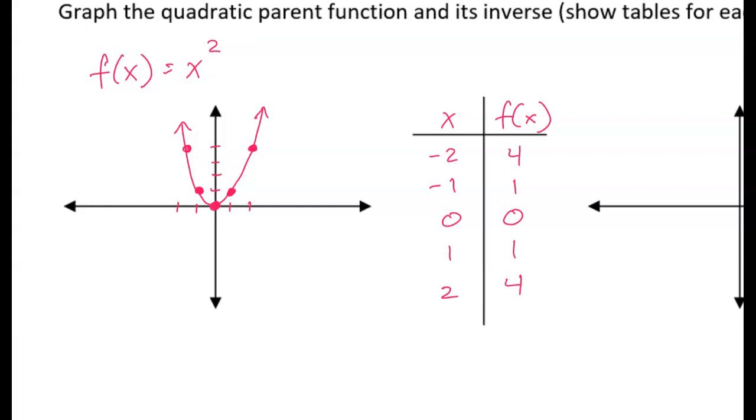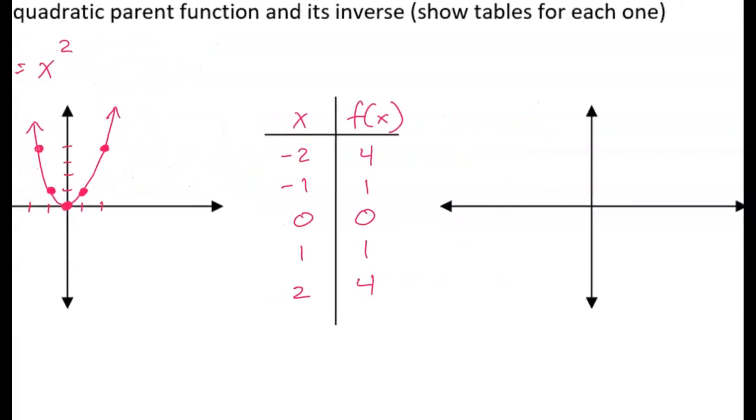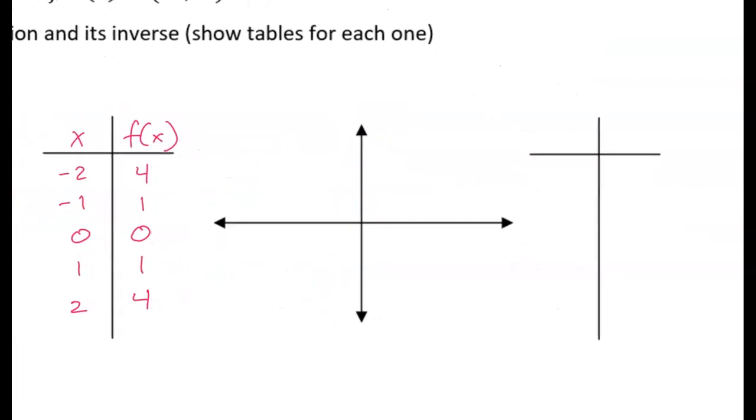Again, it's not necessary that you know how to graph this just from memory, as long as you can input x values and output y values. Okay, so before we graph this, we're first going to find those coordinate points based on the table. So I'm finding the inverse coordinate points.